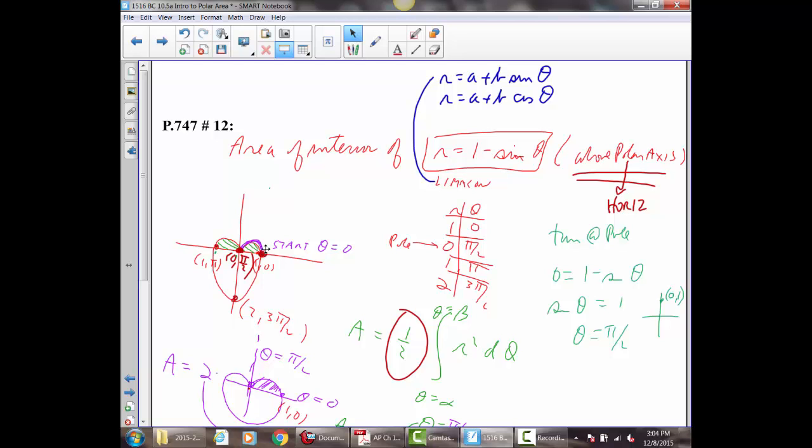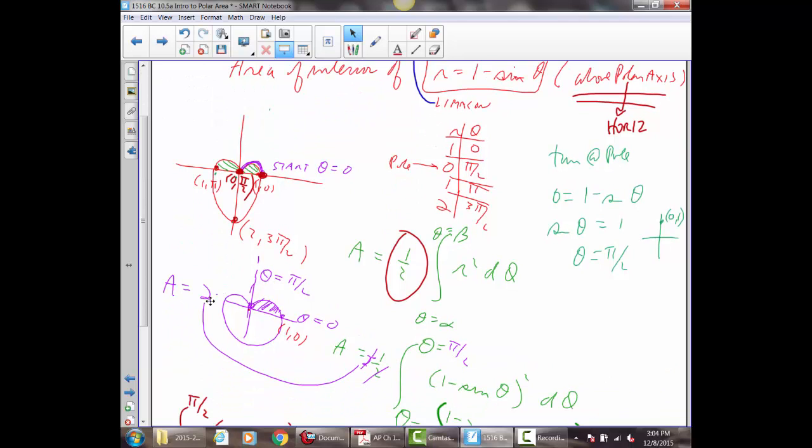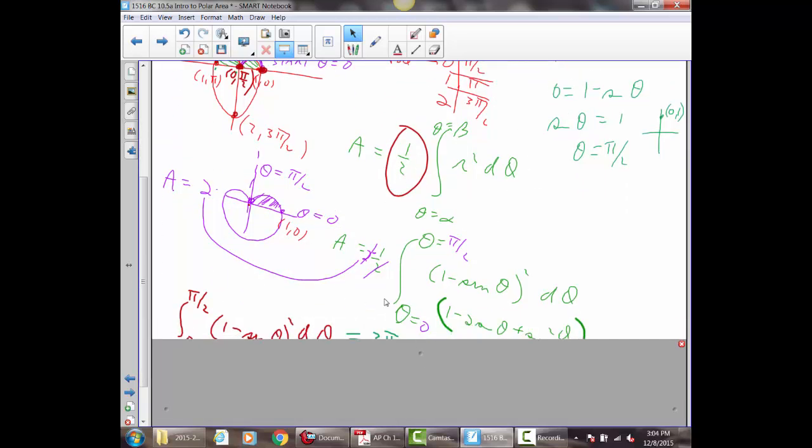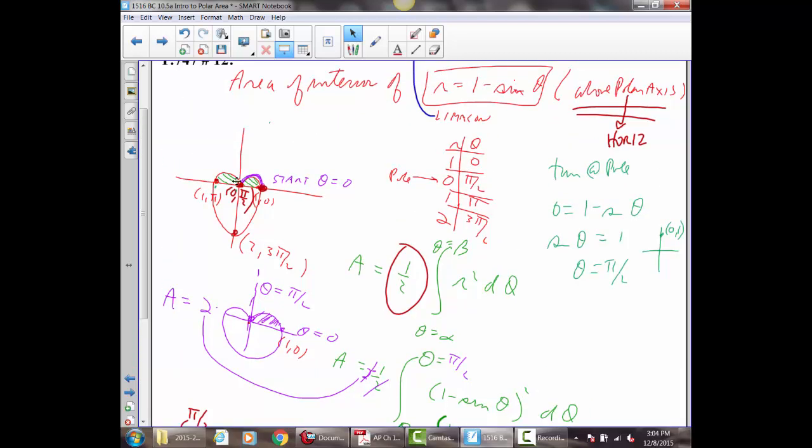You cannot go from 0 to pi because there's a sharp turn in there. So you will need to split it up. You can tell these 2 are symmetric, so you'll do 2 times 0 to pi over 2. So remember, the formula is 1/2 r squared d theta, so I have 2 times 1/2. Here's my r squared d theta, and my borders. It's pretty obvious that this edge is horizontal.